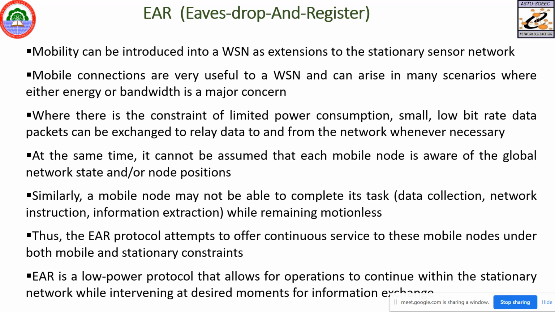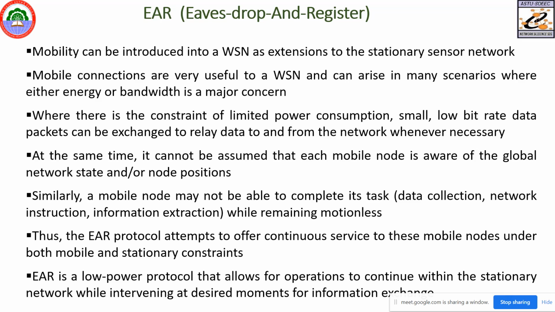Because of this mobility, that particular node may not complete that particular task. So it becomes an overhead in that particular transmission, because during the transmission also there is a possibility of mobility.